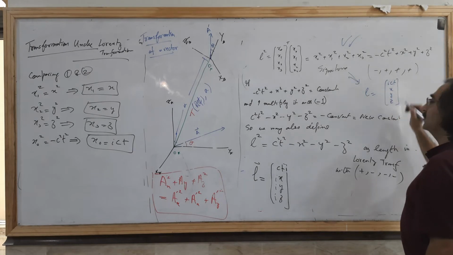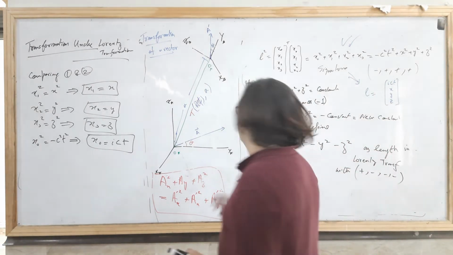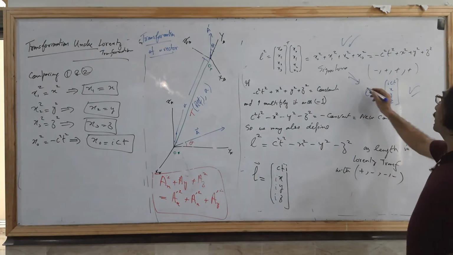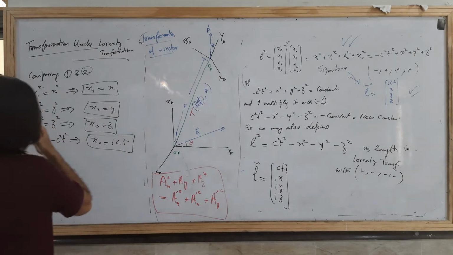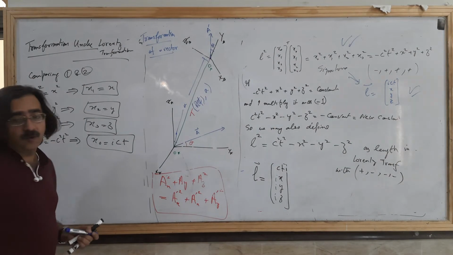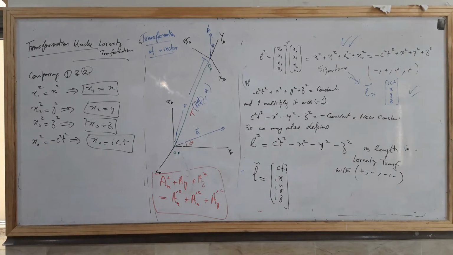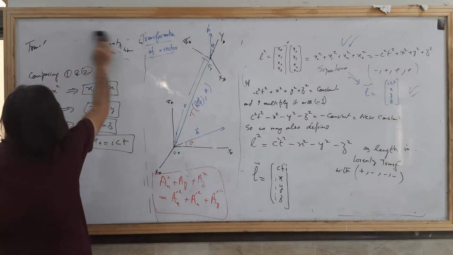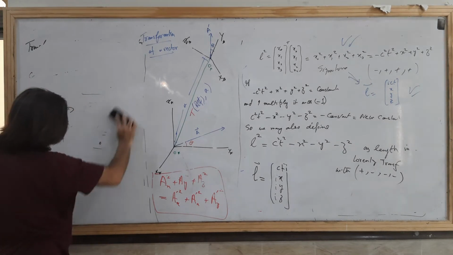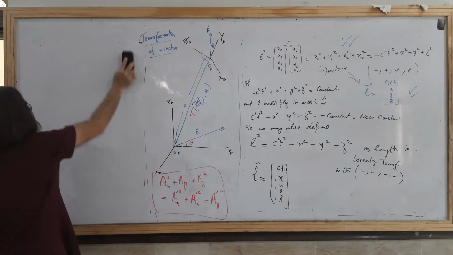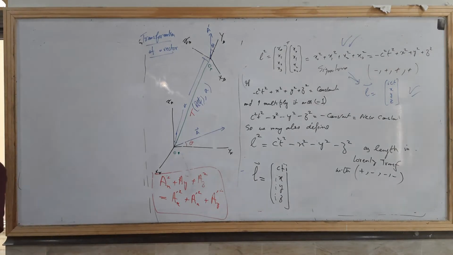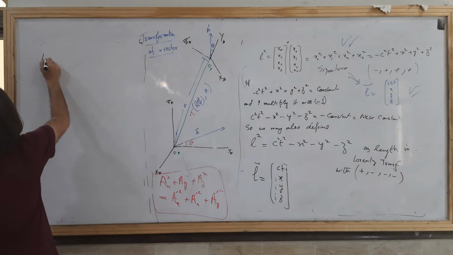This was L, but we will use this signature. So the four vector, we have to write everything according to the four vector. Now it is a new topic. The lecture is about the four vector.